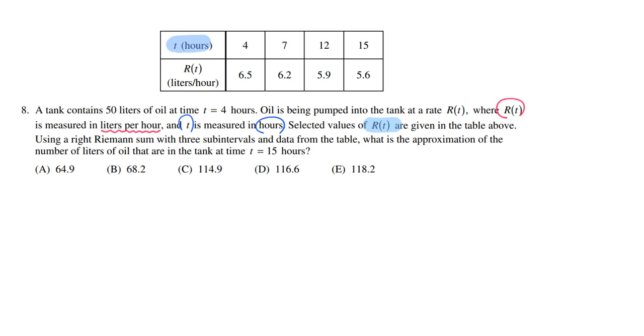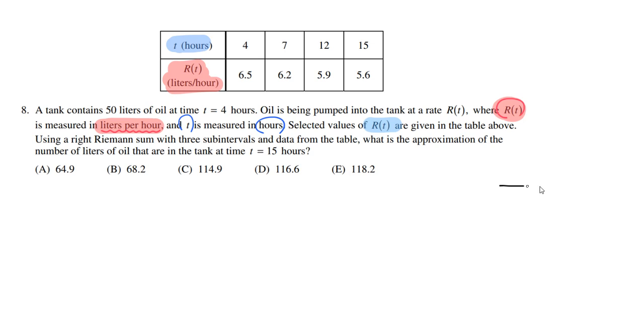R(t) is the red one, so I will change the color to red. That represents R(t). Then, using a Riemann sum with the 3 subintervals from the data in the table, what is the approximation of the number of liters of oil in the tank at time t equals 15 hours? Let me check.